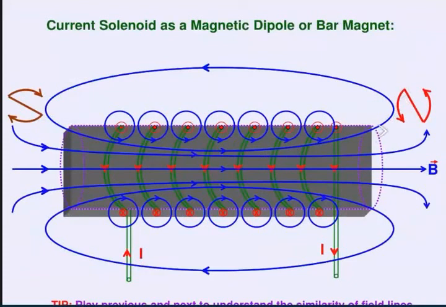So when we move a little bit inside the bar magnet or inside the solenoid, magnetic field lines will be uniform or equally spaced and maximum. So the pole will be here and here, and not at this end.